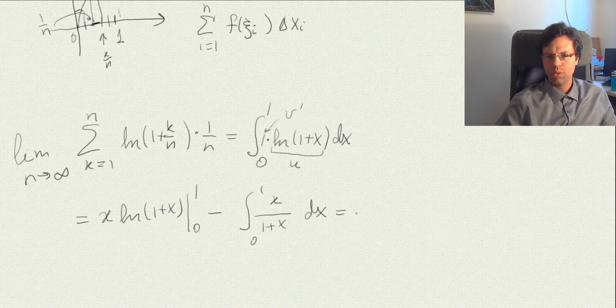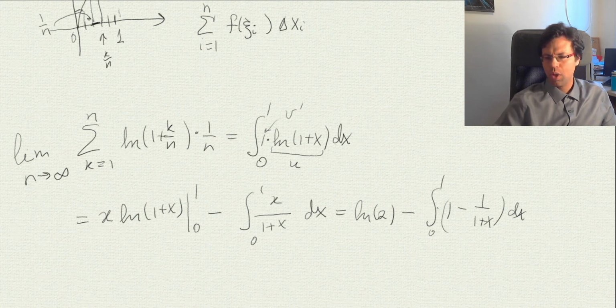As we can see, for the first part, at 0 it is 0, so when we substitute 1, we're getting the natural logarithm of 2 over here. And here we can write this integral, so minus the integral of 1 minus 1 over 1 plus x, dx from 0 to 1.